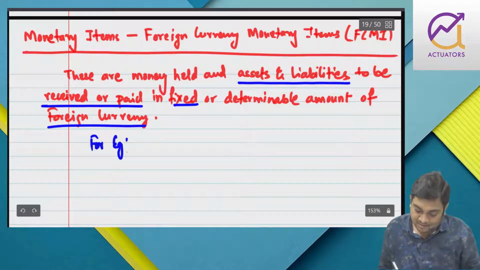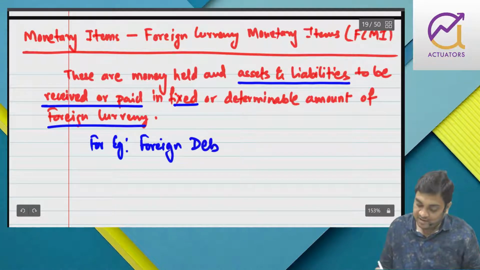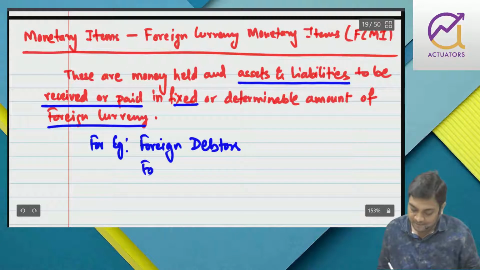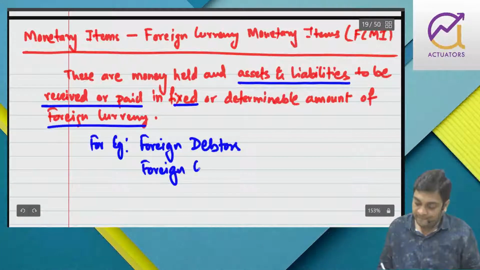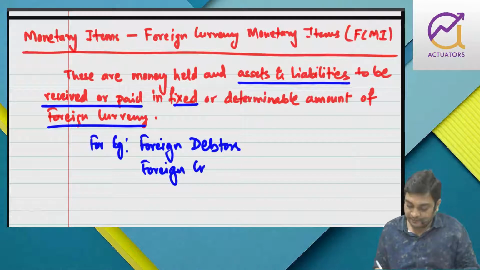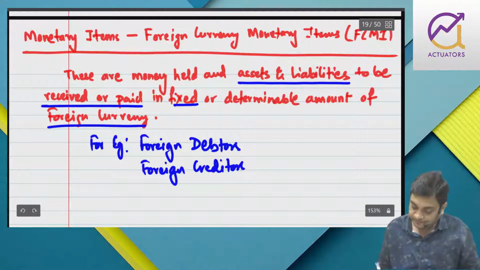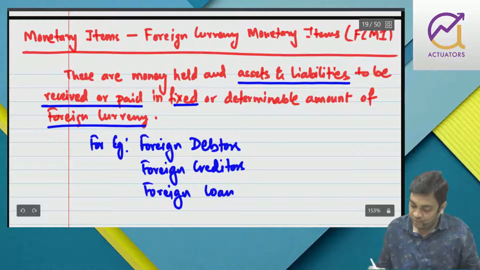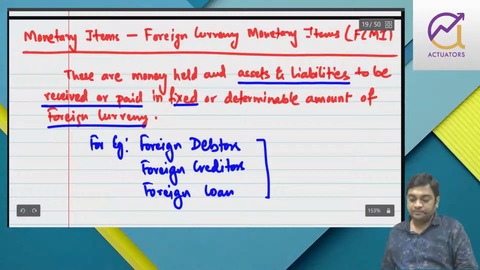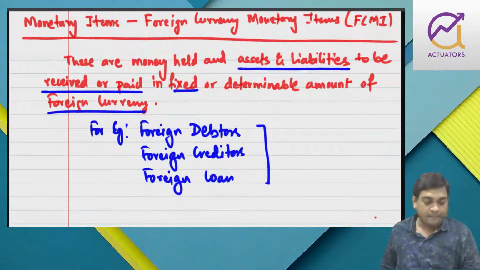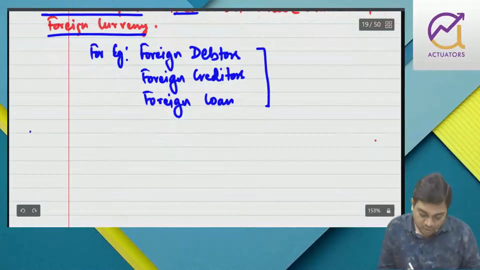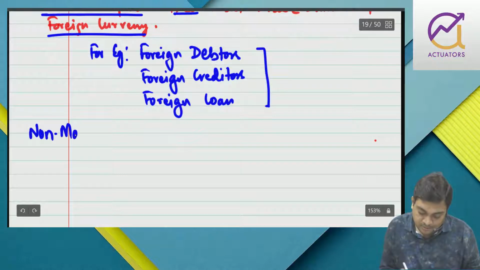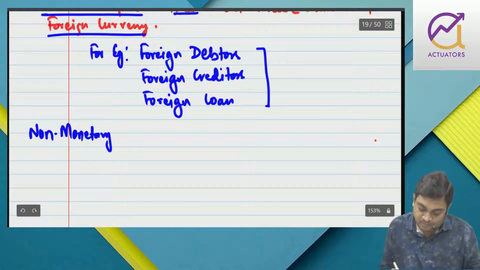For example, foreign debtors, foreign creditors, foreign loan. Right? Now, what is this non monetary items?